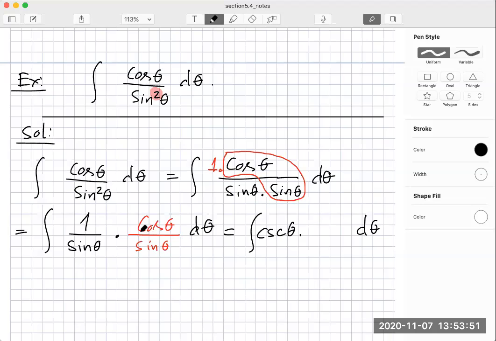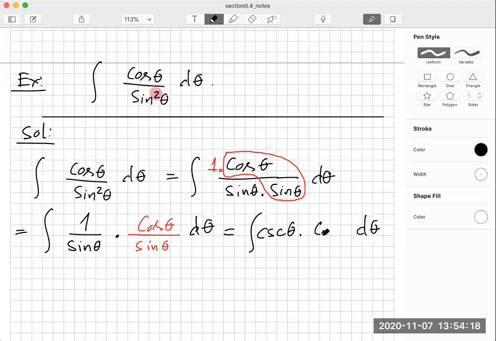And how about cosine over sine? Secant theta. No, I don't think so. Secant theta is 1 over cosine. That's cotangent.